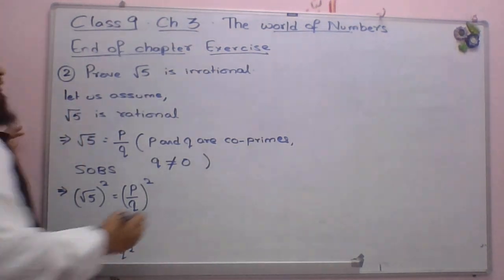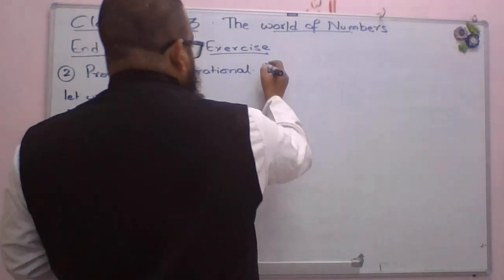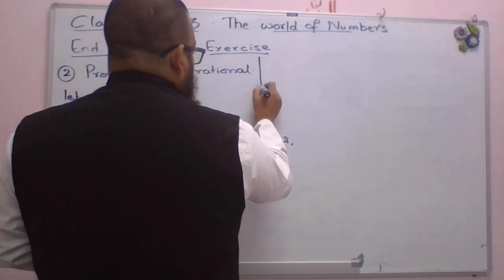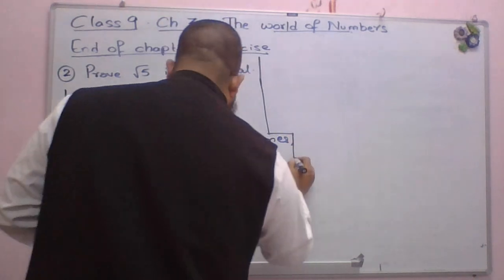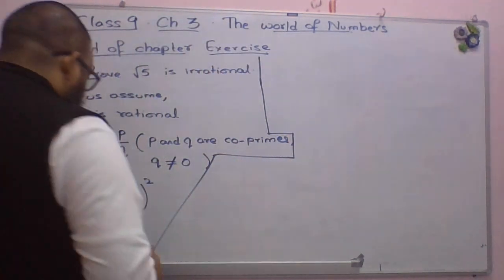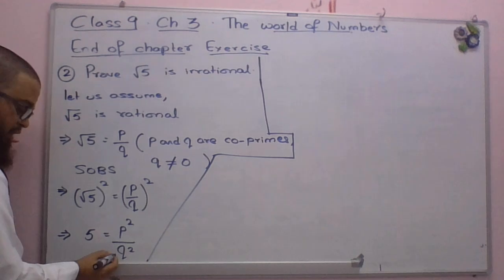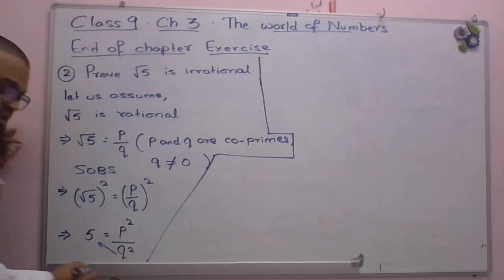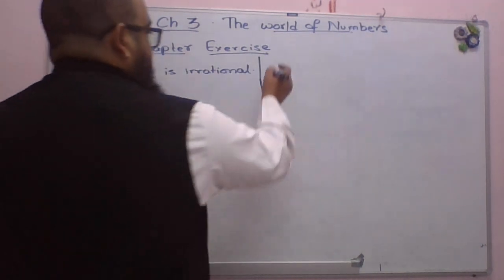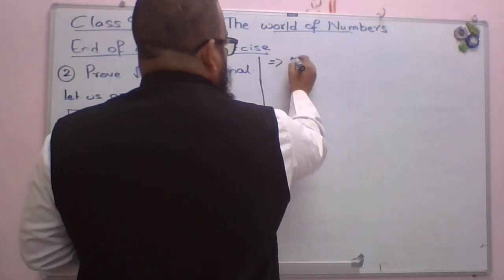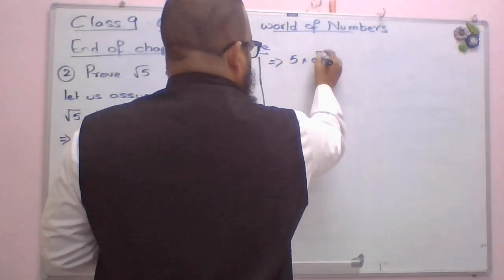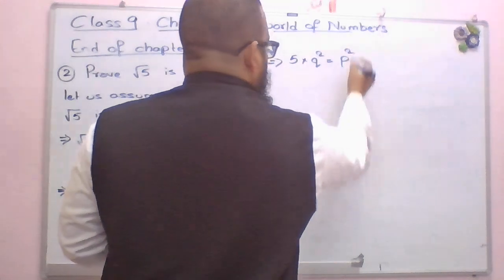Am I right? So let us see the next step. The next step is transpose q square, which is in the right side denominator, to left hand side. So what will happen? 5 times q square is equal to p square.